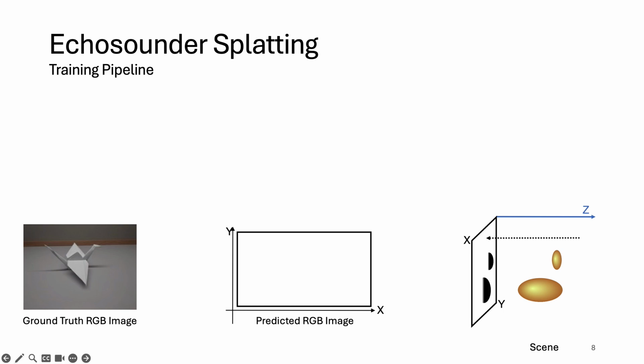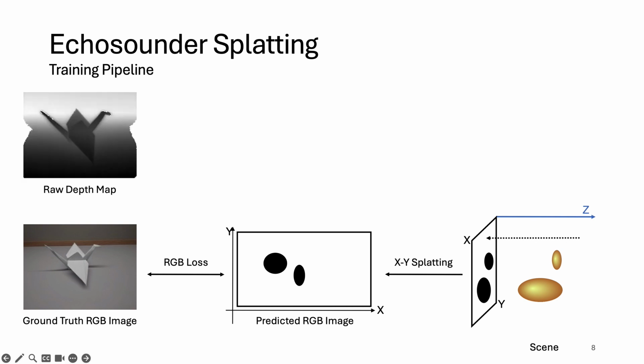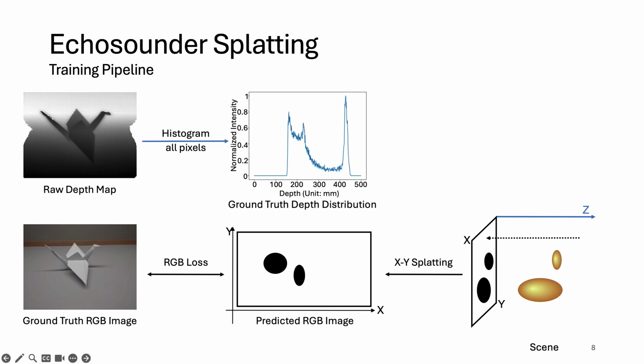First, we follow the original Gaussian splatting, which is XY splatting. In the simulation and emulation process, we start from a depth map with pixel resolution. To simulate the echo sounder, we histogram the depth of all the pixels to obtain an intensity distribution corresponding to depth.